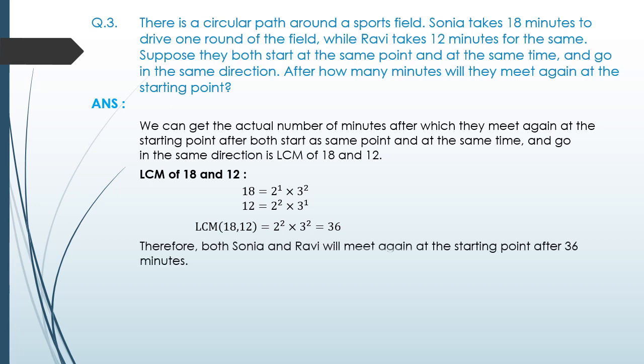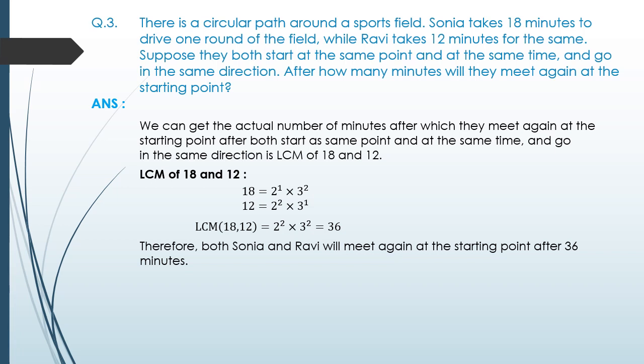Let us conclude this. Therefore both Sonia and Ravi will meet again at the starting point after 36 minutes. Now one more very important note which you need to remember is, whenever they are asking about the number of rounds, if it was a question of HCF, in a question of HCF the HCF is the smaller number, that's why we divide by HCF.